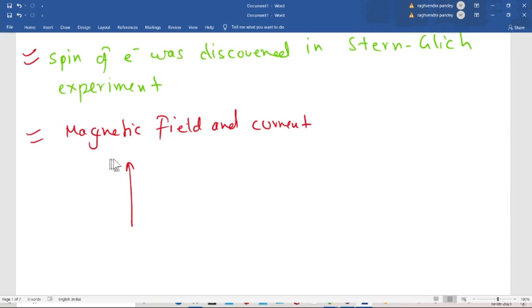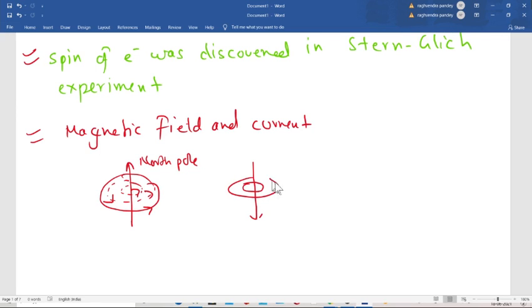Suppose this is your north pole, and this is the direction of movement of current, going in this direction. Suppose it is the south pole.